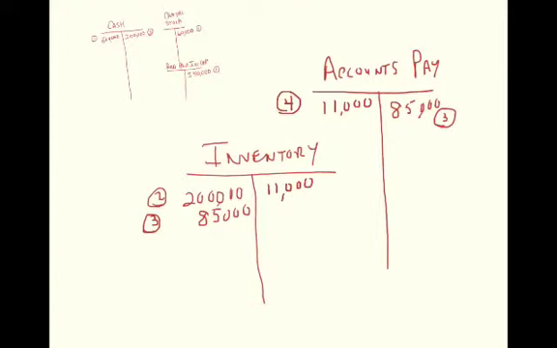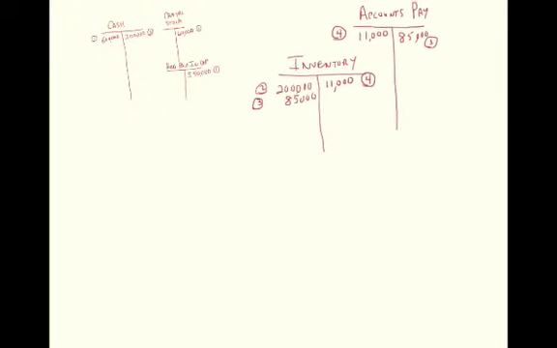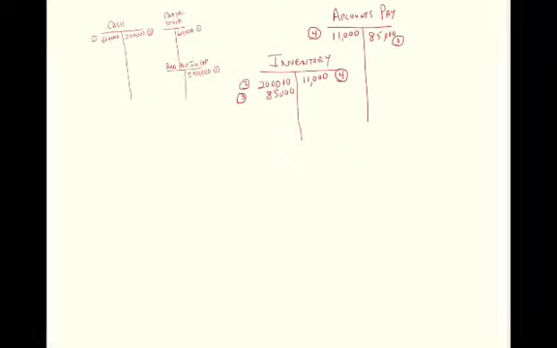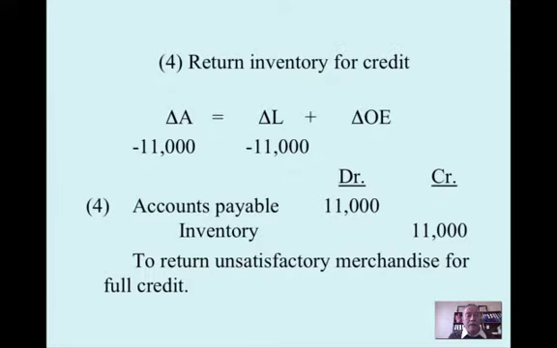And so we're just posting the transaction we just did into these accounts. And these accounts we do for classroom purposes in something called T accounts. But in practice, it's in a computer. The computer is doing this, and it keeps track of the debits and the credits, but it doesn't necessarily have a line down the middle. Okay, so that's number 4.